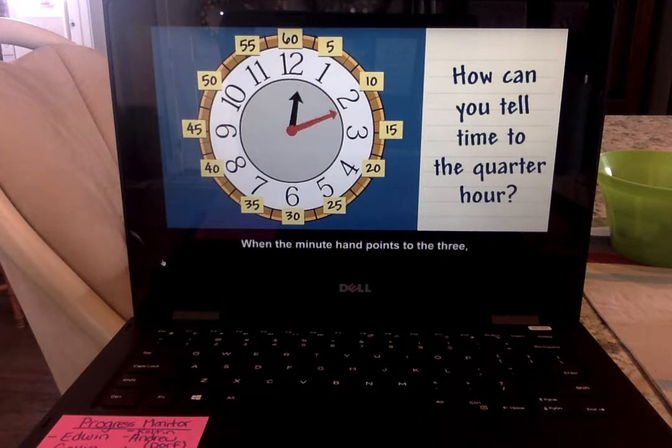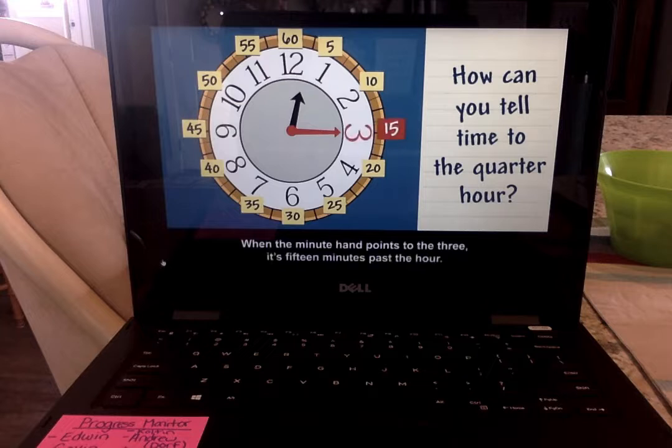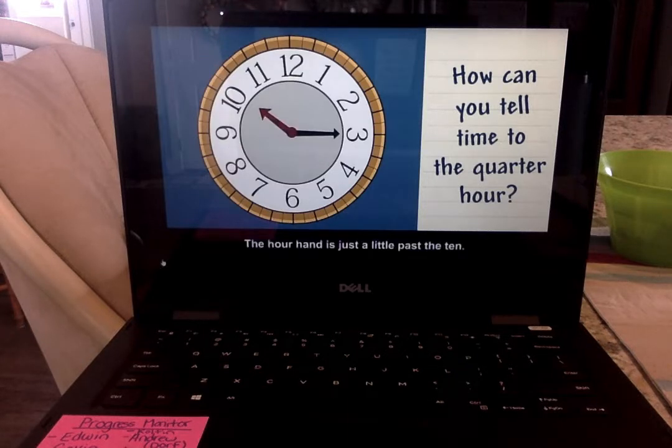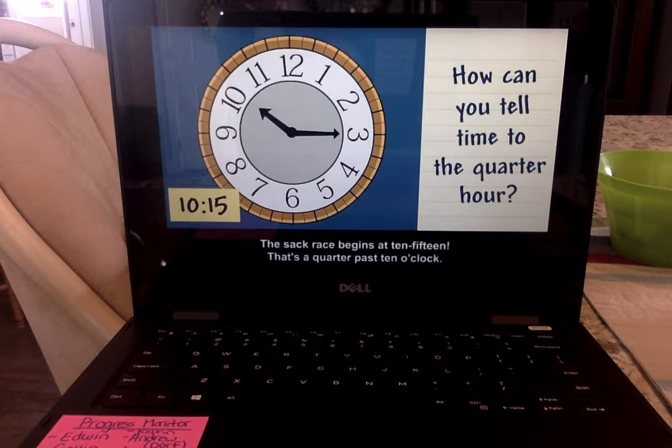When the minute hand points to the 3, it's 15 minutes past the hour. What time does the sack race begin? The hour hand is just a little past the 10. The minute hand is pointing to the 3, which is a quarter past the hour. The sack race begins at 10:15. That's a quarter past 10 o'clock.